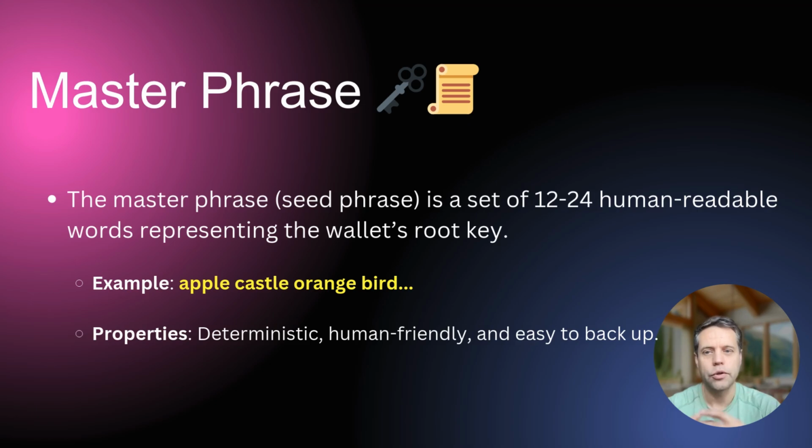An example could be like, hey, there's apple, castle, orange, bird, whatever, right? And it uses those set of phrases to then regenerate the master private key. And the master private key is then used to generate private keys for different addresses for specific currencies that your wallet supports, right?